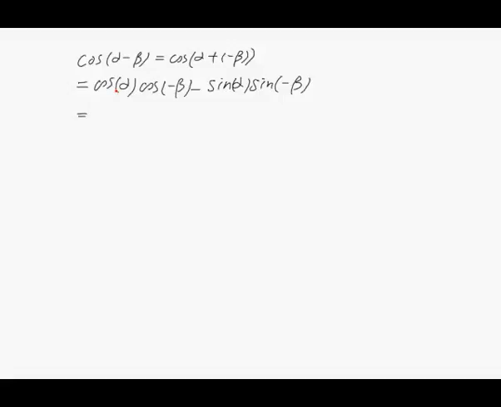And sometimes we may just go without this parenthesis. So cosine alpha, cosine beta. And sine is an odd function, so sine of negative beta is equal to negative sine beta. So now negative, negative, you have the positive.